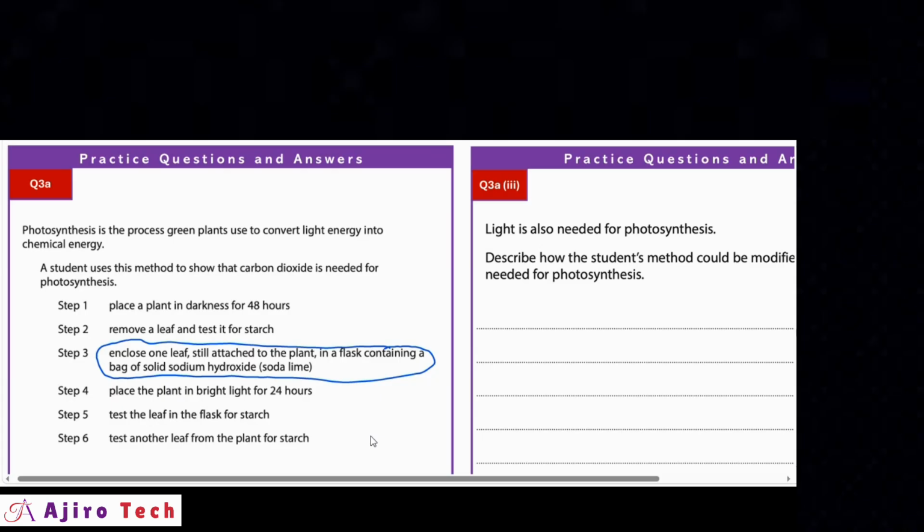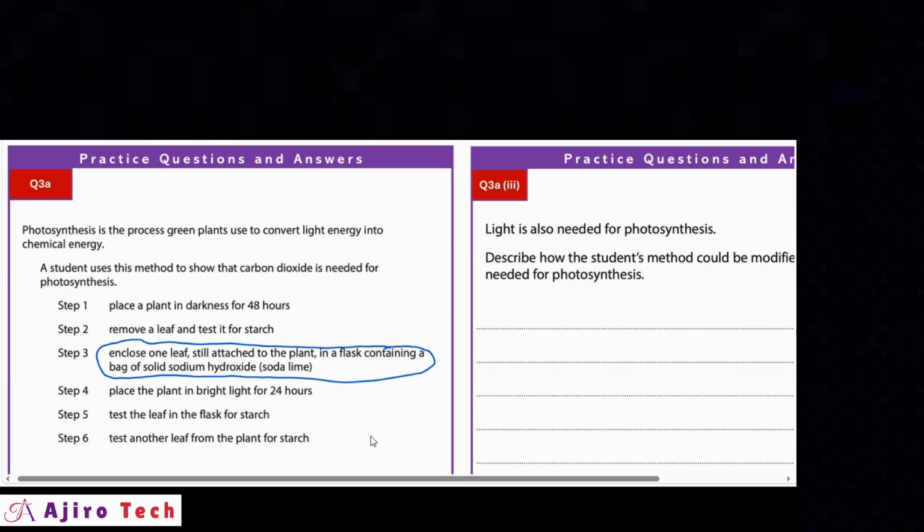We cover the leaf with black cardboard, and then clip the black cardboard together. Why black? Why not other colors? It is because black does not allow light to penetrate. Do you understand? Black bounces back light rays, so it won't allow light to penetrate.